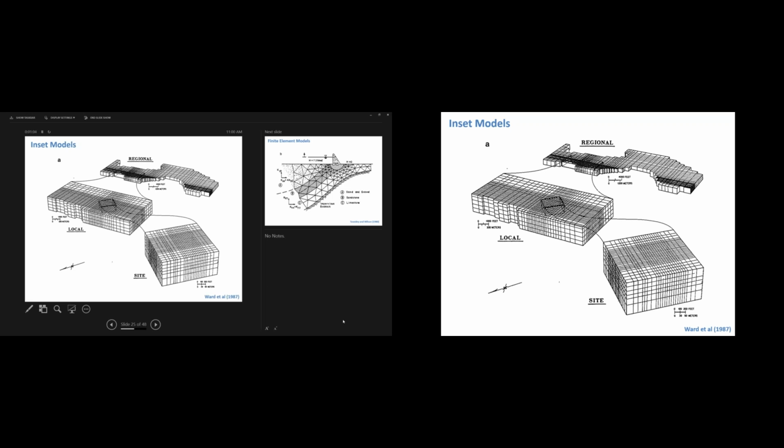Jim's explanation was, just build a nested grid, but like you said, you're carrying all kinds of extra computational energy there, and you have to have boundary conditions here. And if it's a transient model and you have a well here that's changing, these need to be updated transiently. So you have to be careful with the boundary conditions in this case. But it may be an option, it may be something we have to do in East St. Louis, but it's something to be careful of.